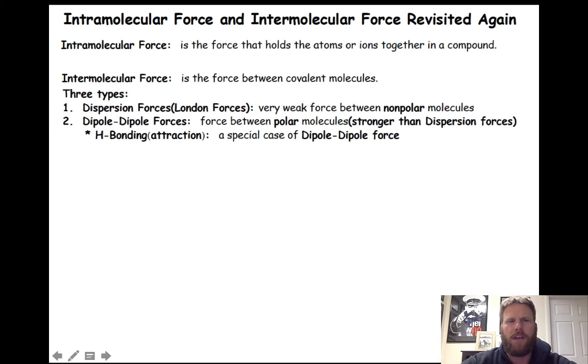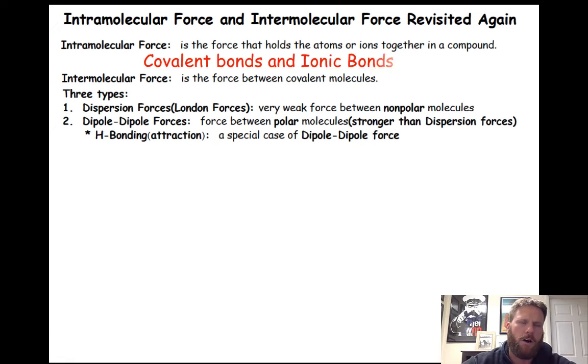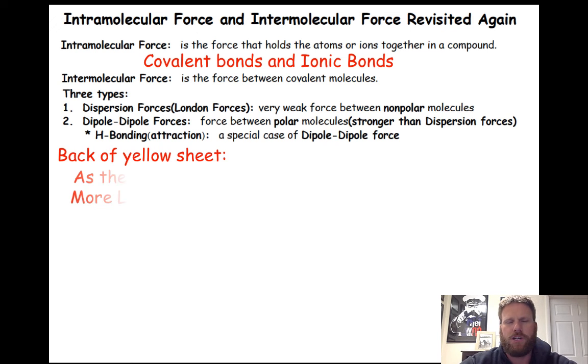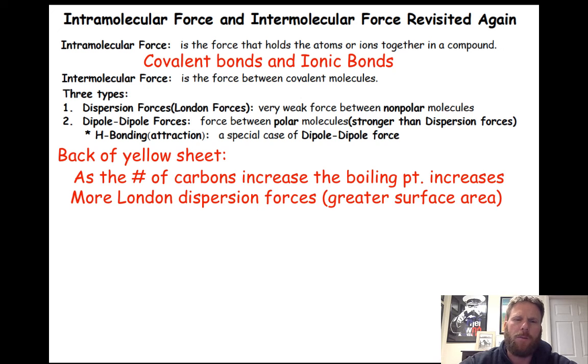So let's talk about that for a second. Remember, intramolecular forces are the forces within a molecule, ionic and covalent bonds, and intermolecular forces are the forces between molecules, and they are responsible for things like boiling point. If you look on the back of that sheet, you see that as the number of carbon atoms increases, the boiling point also increases.